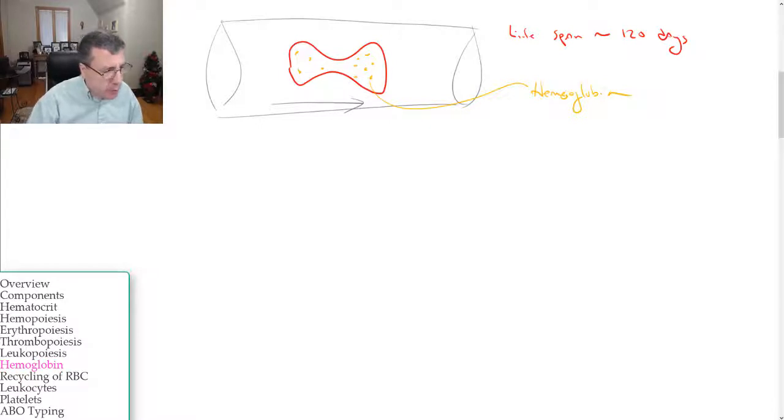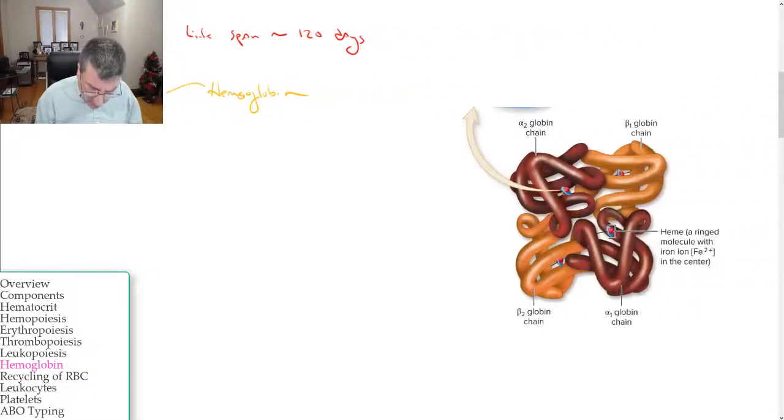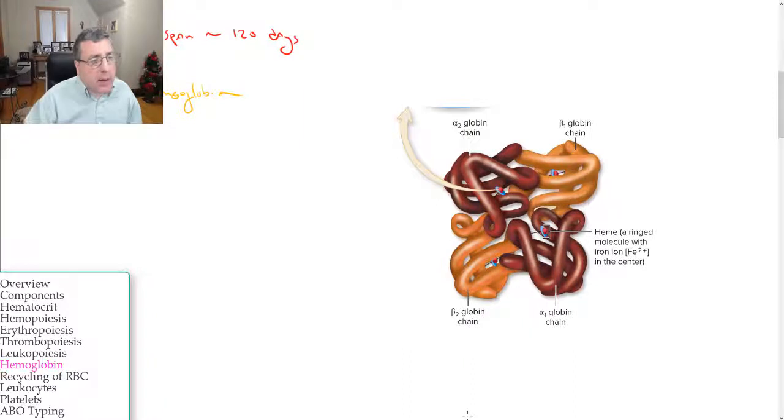Let me scroll this page and look at this part. This is a hemoglobin molecule, the whole picture, and the hemoglobin molecule is actually 4 protein molecules together. You can see the 2 darker ones and the 2 lighter ones. Each one of those is called globin.